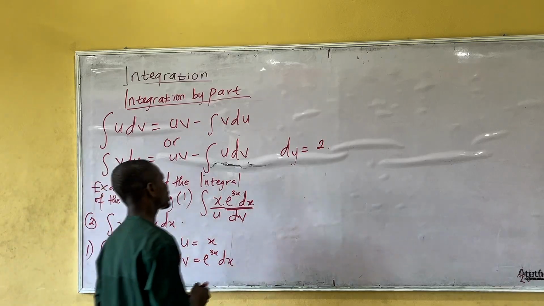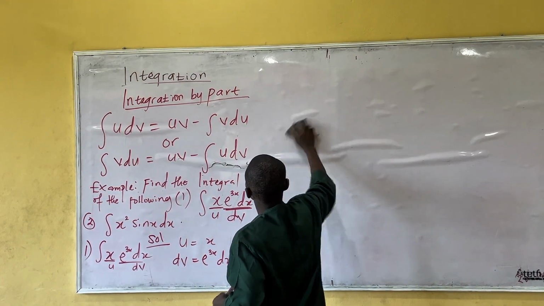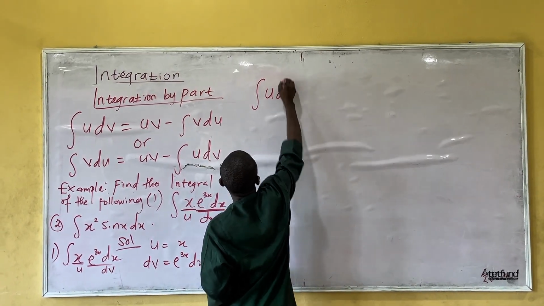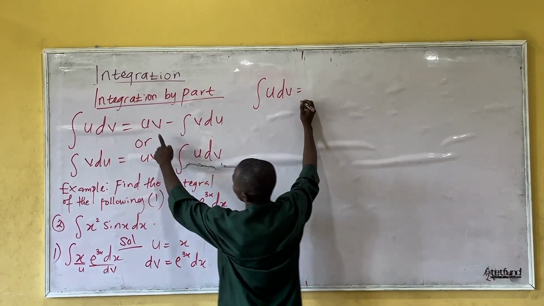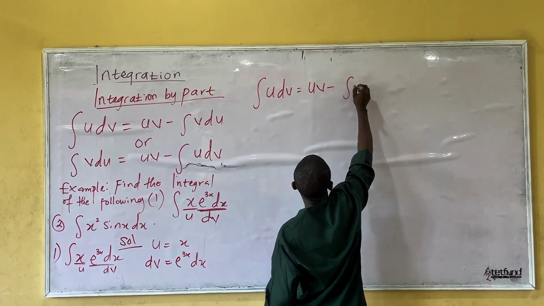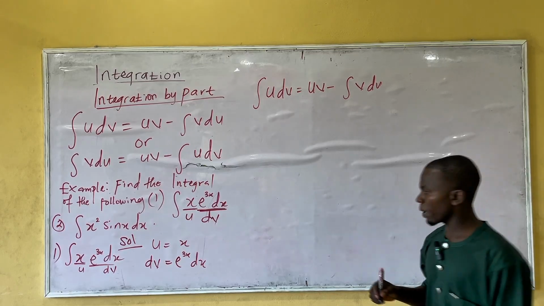Don't forget that the formula goes like this: integral of u dv, I'm using the first one, equals uv minus integral of v du. That's the formula for integration by parts.